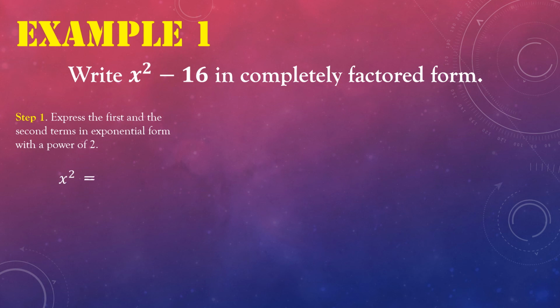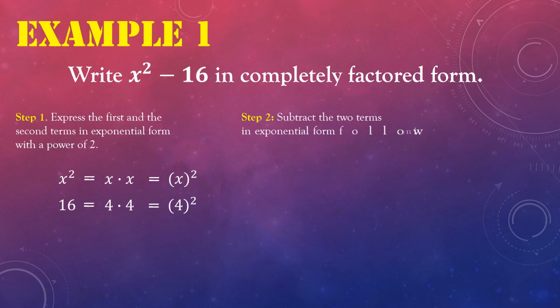X squared can be written as x times x, or the quantity x raised to 2. On the other hand, 16 can also be written as 4 times 4, or the quantity of 4 raised to 2.